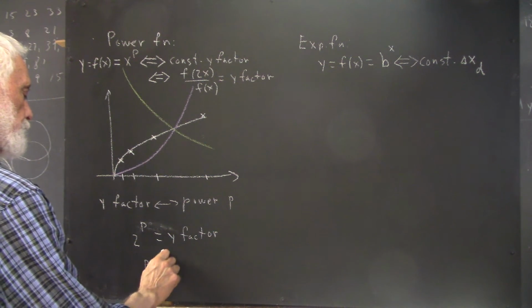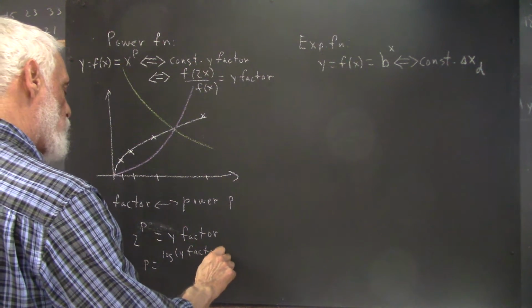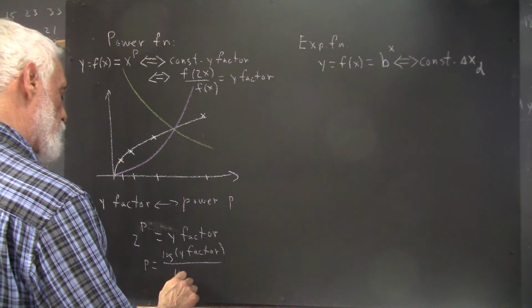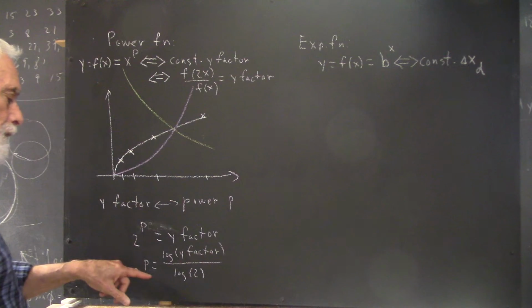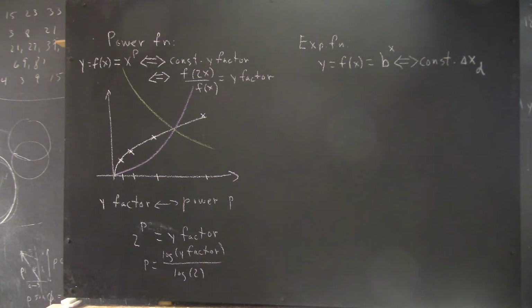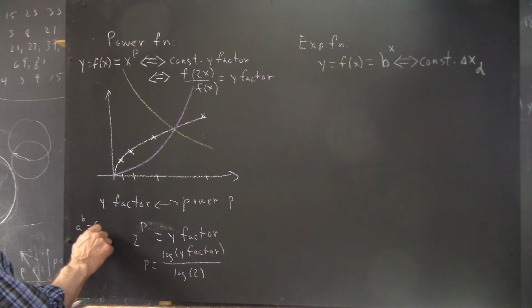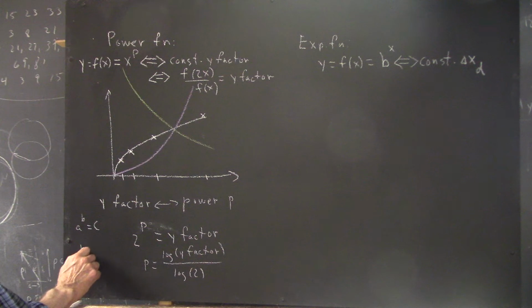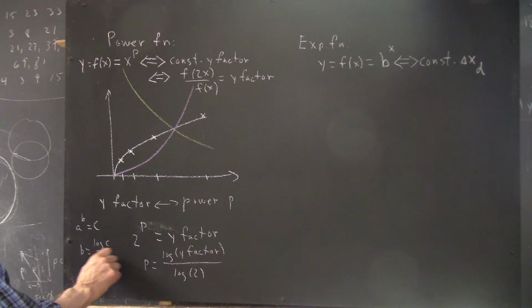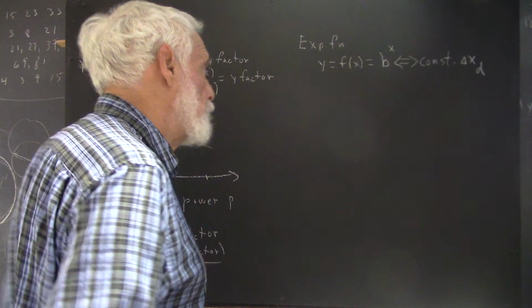So that p equals the log of the y factor over the log of 2. Now this is solved using a relationship that I've given you. You can just use it. Everybody should know that a to the b equals c is equivalent to saying that b equals log c over log a. Some people might know the laws of logarithms well enough to understand this. Other people can just use it.